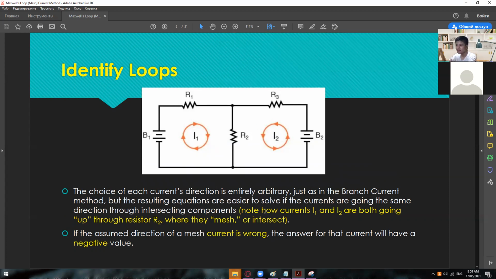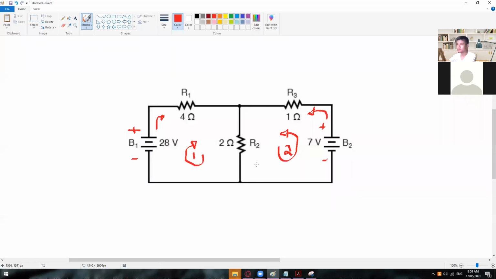Okay, and then we have here a note. Same process with the KVL a while ago. Note how currents I1, so this is your I1, and I2 are both going up through resistor R2, where they mesh or intersect with each other. If you take a look at this one, we have a current flowing in here, we have a current flowing in here.